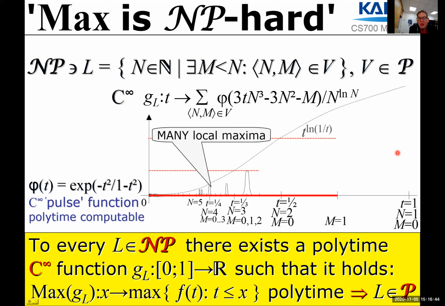Newton's method is easily able to find the maximum in polynomial time given an appropriate starting point. I mean, when given a starting point here, Newton's method will quickly converge here, which is only a local maximum. Let's say we start here, then Newton's method will converge here into a local maximum, but this is not a global maximum. So computing global maxima, that's what makes this function hard to maximize.